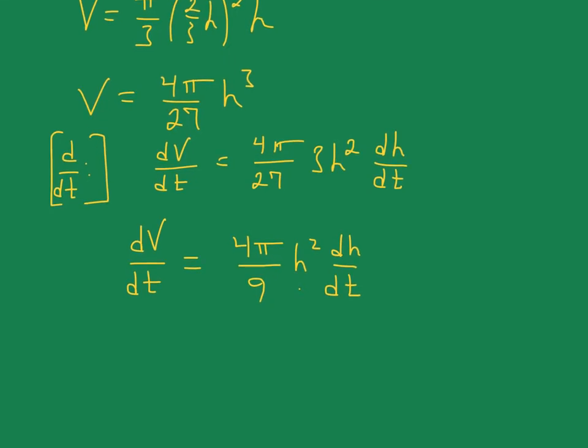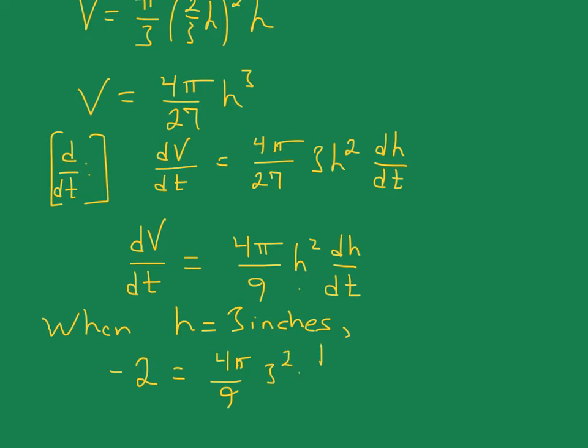So when h is equal to 3 inches, what do we have? dv dt, well, from up above, we know that that was minus 2 inches cubed per minute. I'm not going to write the units in. Is equal to 4 pi over 9, placing that h with 3, so we'll have 3 squared times dh dt. All right.